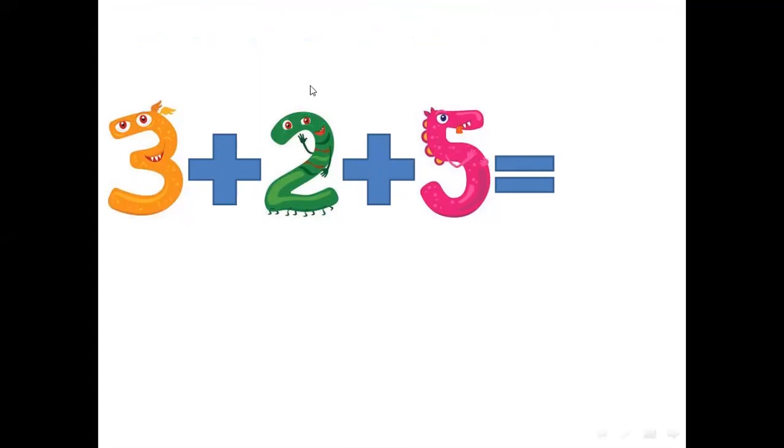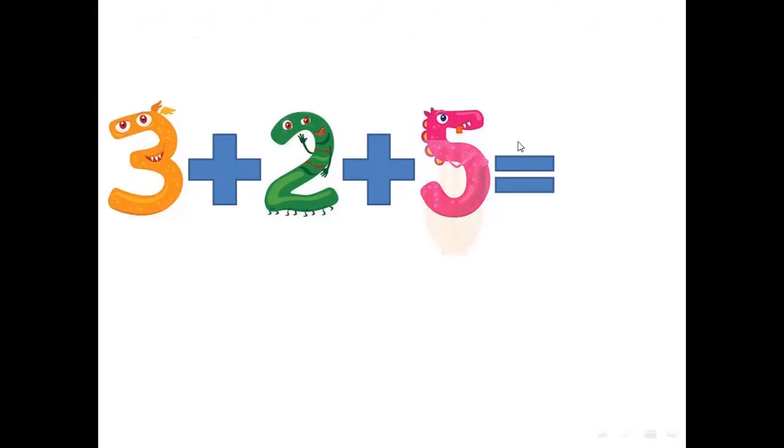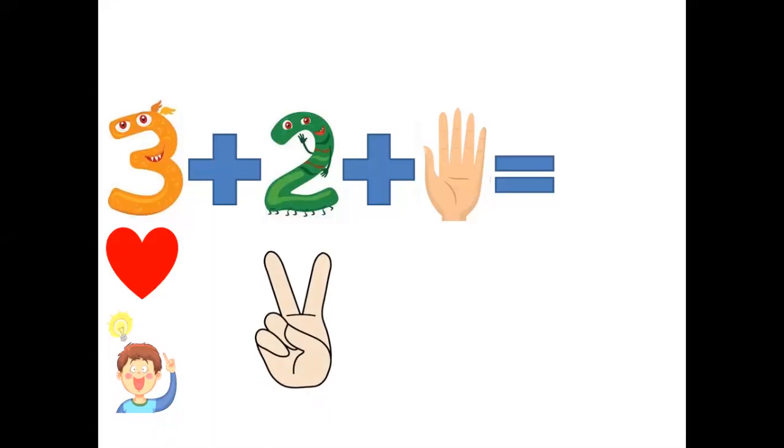And I will make 2 brackets here for these 2 numbers and add them together. 3 plus 2. I told you before, plus loves what? The bigger number. So, where is the bigger number?